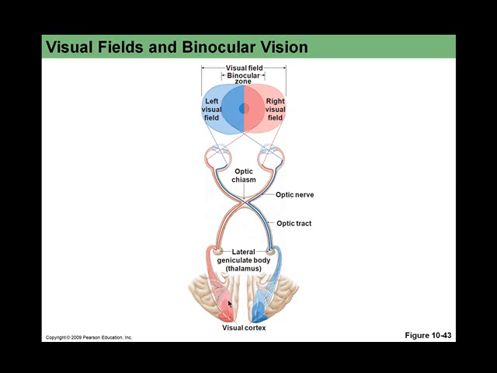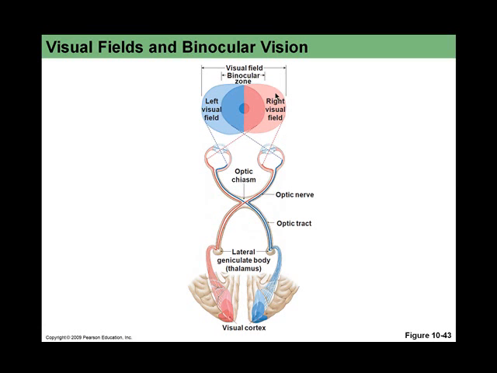So we have some degree of representation of both fields of view, and the degree to which that overlap is the greatest determines the amount of binocular vision that is recreated through integration in the cortex.